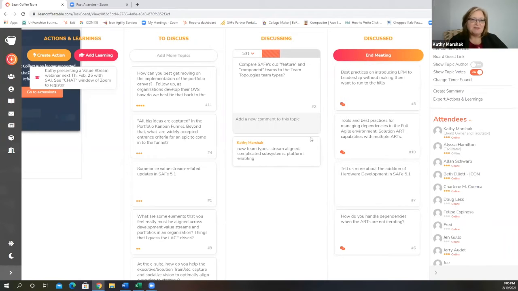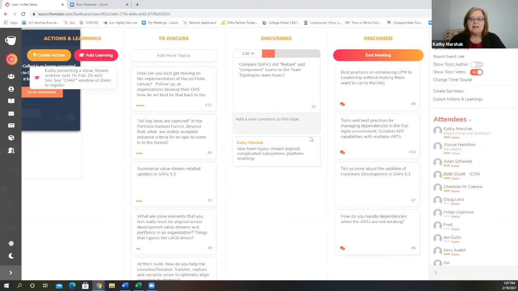Since day one, I've talked about the system team in SAFe as being a special kind of agile team. Well, now we have a better word for it. We can call it an enabling team. That's part of what most system teams do. If you have a LACE in your organization, a Lean Agile Center of Excellence, that is an enabling team.